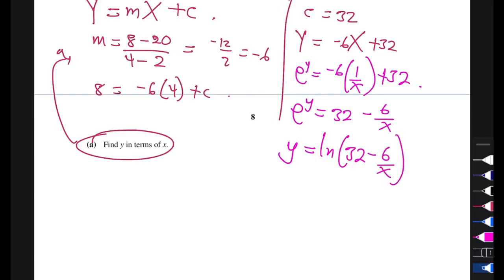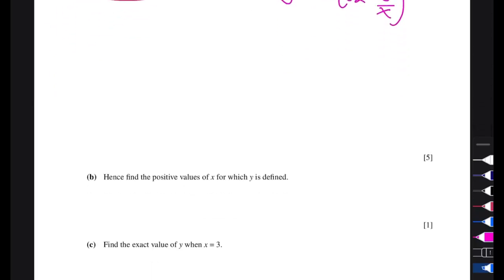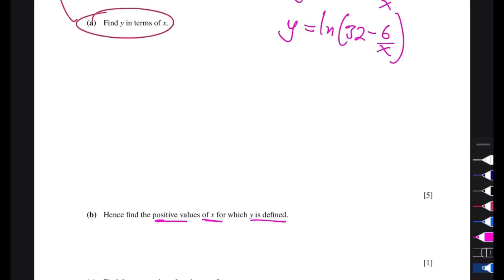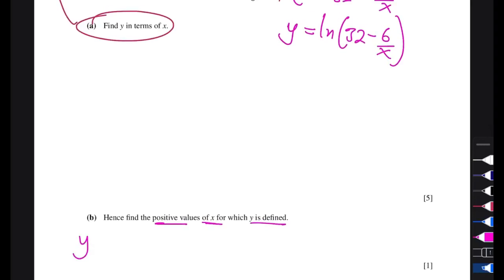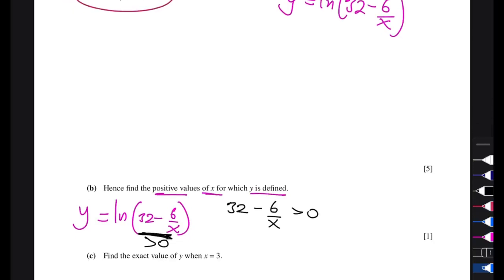Then they said that hence find the positive values of x when y is defined. Well, if we have y is equal to ln of 32 minus 6 over x, well, ln is only defined when the inner function here is greater than 0. Therefore, what you want to do is to set 32 minus 6 over x greater than 0, and then you solve for x.